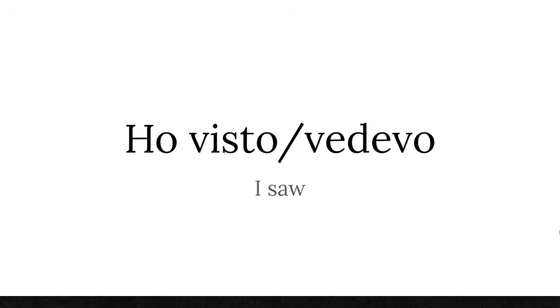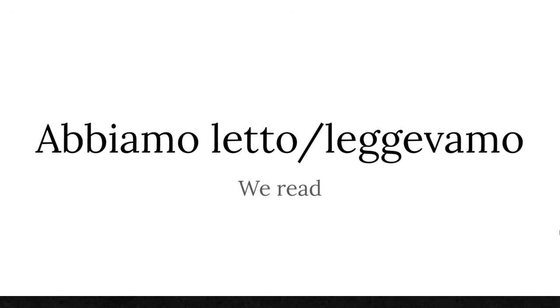Okay, now then it's all regular at the imperfetto. In general, there are no exceptions. We read, abbiamo letto. Here we have another irregular past participle. To read, leggere. So if it was regular, the past participle would be legguto, but it sounds really awful. So the past participle for the verb to read is letto, like bed, actually.